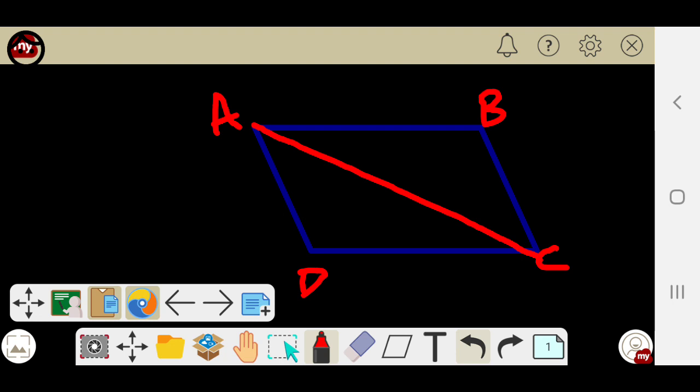Yes, the diagonal AC divides the given parallelogram into two triangles. First triangle and the second triangle. We all know that the sum of angles in a triangle is equal to 180. Yes, that we can write now.